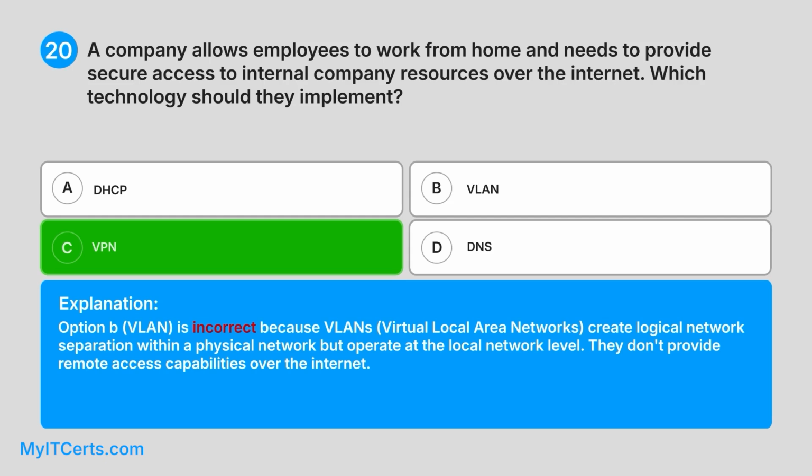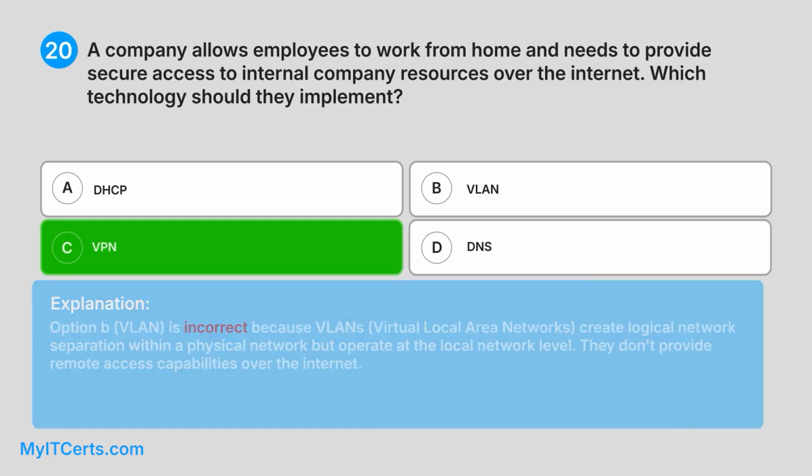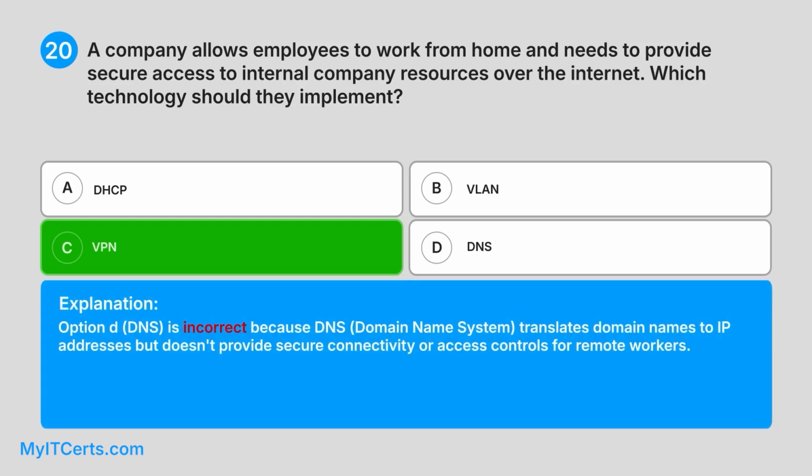They don't provide remote access capabilities over the Internet. Option D, DNS, is incorrect because DNS, Domain Name System, translates domain names to IP addresses, but doesn't provide secure connectivity or access controls for remote workers.